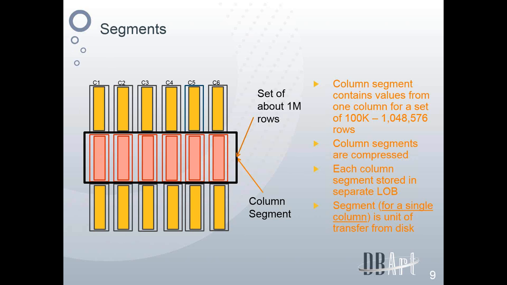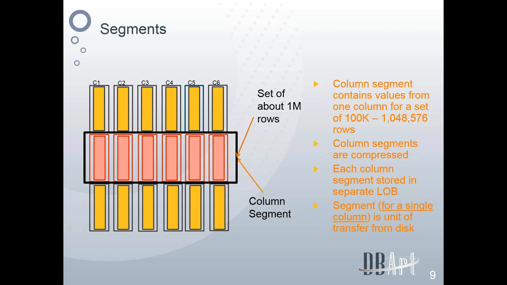The storage is still in 8 kilobyte pages like we are used to. SQL doesn't have other storage types, but it's stored in LOB segments of a particular type, not the one we're used to for binaries. A segment for a single column is a unit of transfer from disk, meaning when we query even one row and one column, the entire column segment will be loaded into memory.